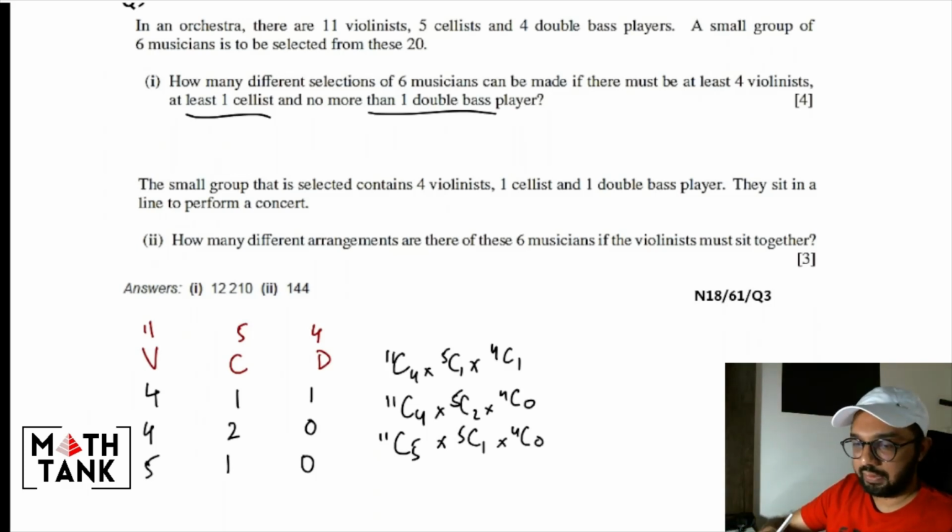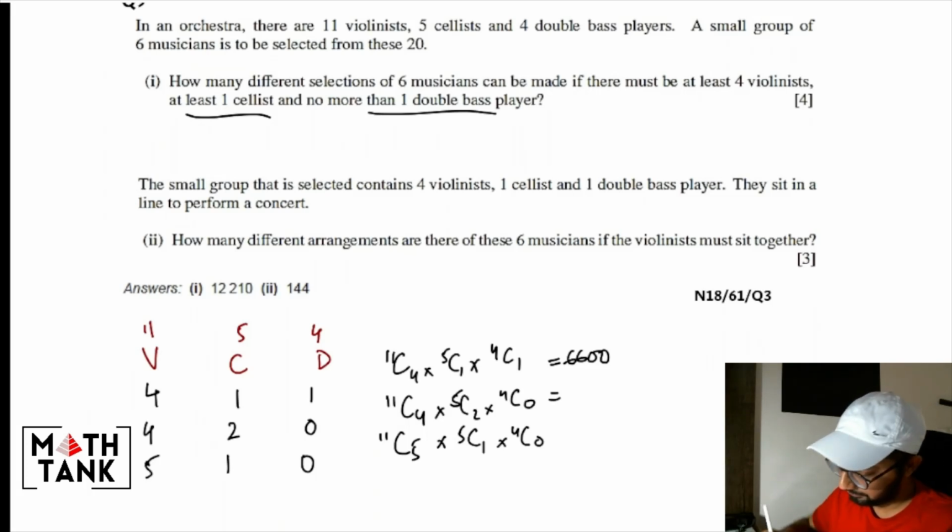Okay, 11C4 into 5 into 4, that gives me 6600. 11C4, 5C2, and so on.